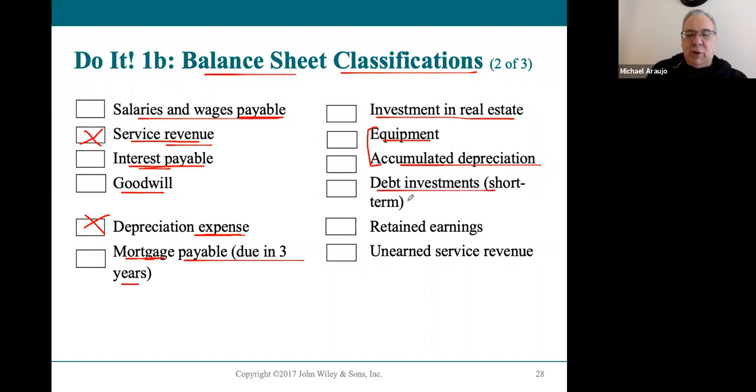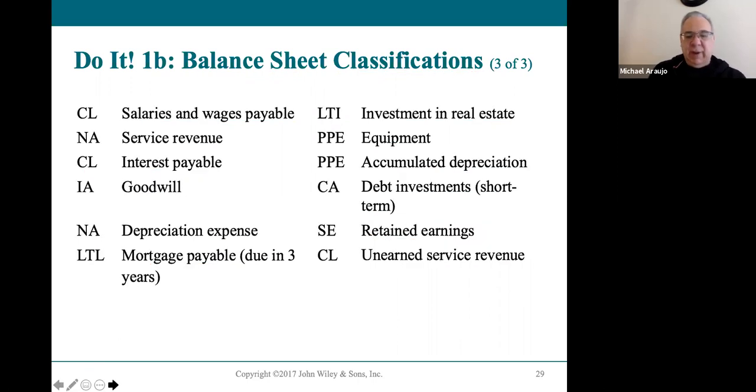Debt investment, short-term, which means you made an investment in debt, like a money market or a short-term loan to the government. That's a current asset. You own it. It's an investment, but it's an investment in debt, which means you're a lender. Retained earnings is an account that goes under stockholders' equity, as it always does. Unearned revenue. Remember, unearned revenue is a liability, and it's a current liability at that.